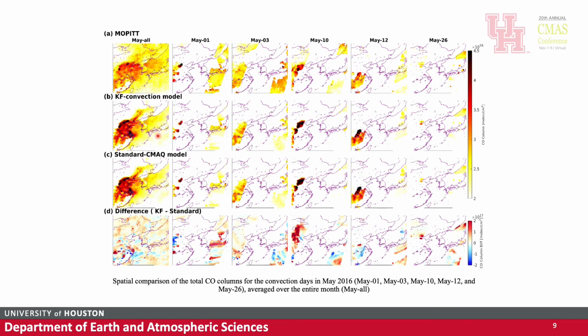Generally, the KF convection model was changing concentrations in some parts in a positive way and some parts in a negative way. The overall impact was improving the performance of the transport of the carbon monoxide column.